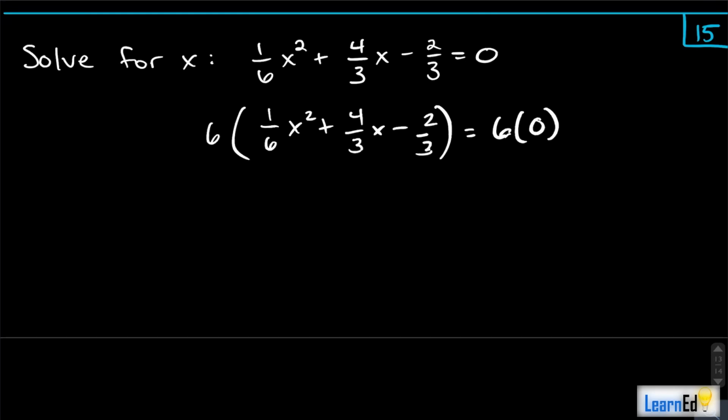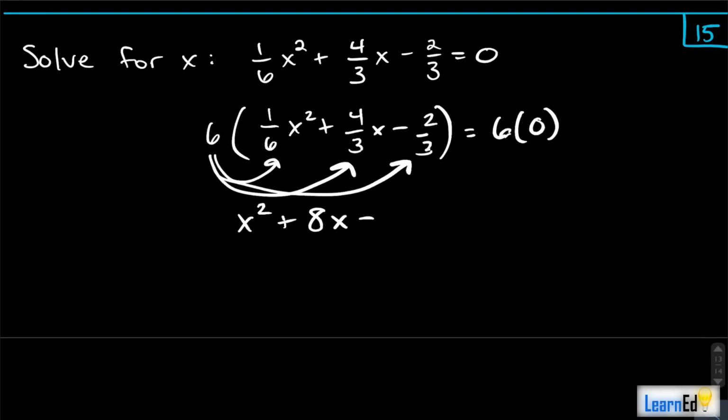If you distribute the 6 here, you get an x squared here. 4/3 times 6 is going to be 8x, because 24 over 3 can be written as 8x. There are other ways to figure that out as well. Lastly, 6 times negative 2/3 is negative 12 over 3, which is negative 4. So this is going to be equal to 0.